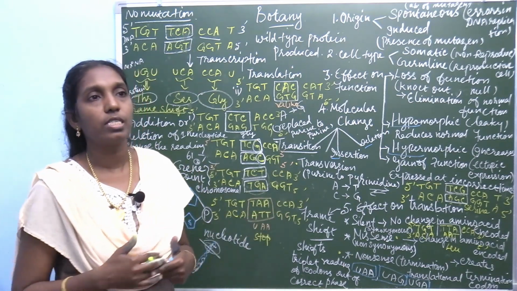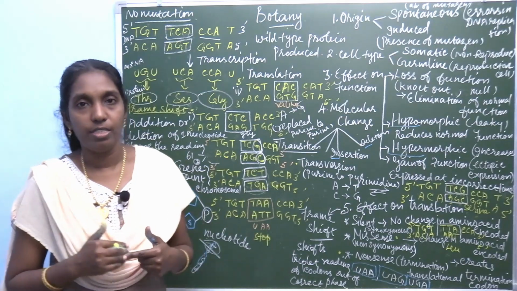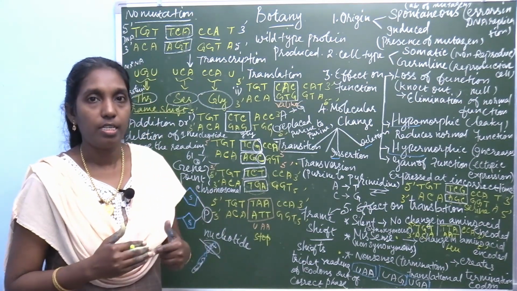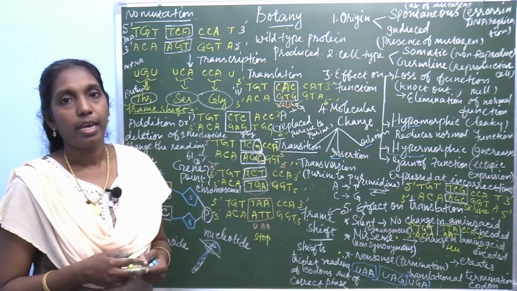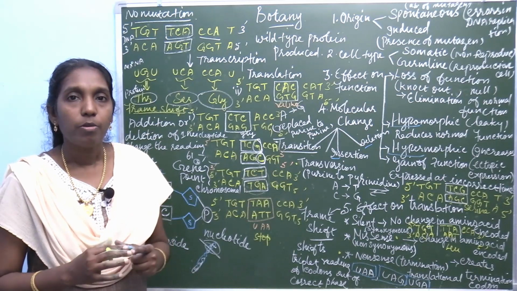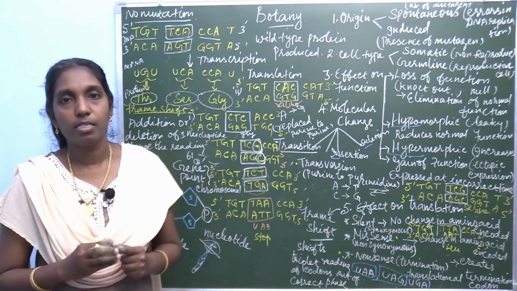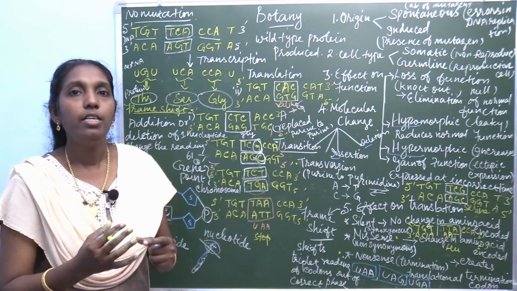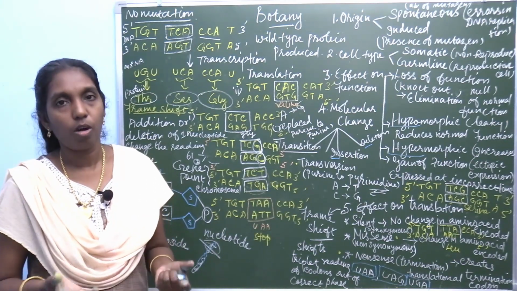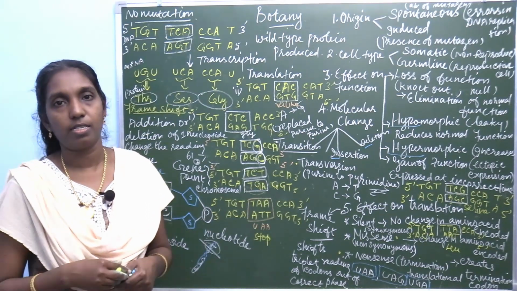Before that, one more question: what are the mutagenic agents? So, the second question you are going to study today is mutagenic agents or mutagens. What are mutagens? There are a number of substances or compounds which induce mutations, and they are called mutagenic agents.